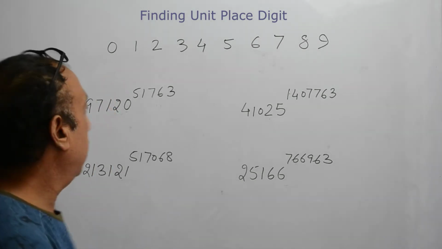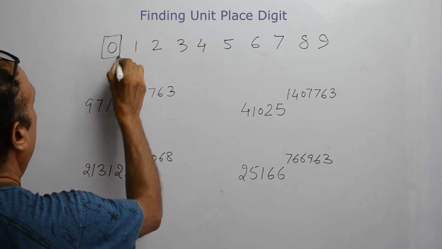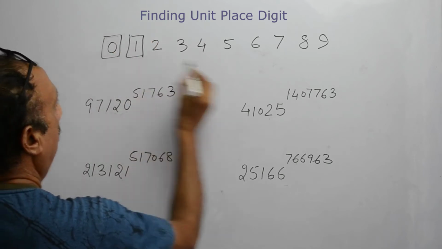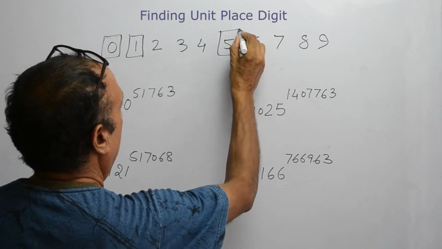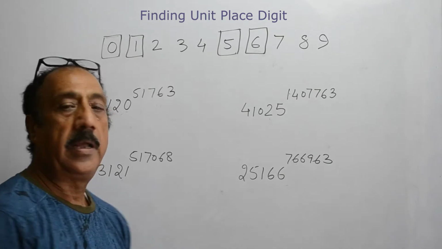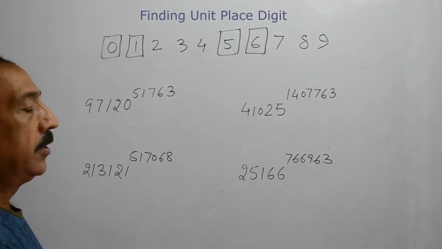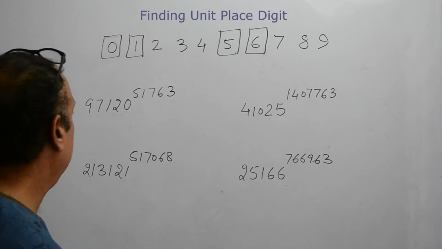If the last digit of a number is either 0 or 1 or 5 or 6, we need not do any calculation to find out the value of the unit place digit.